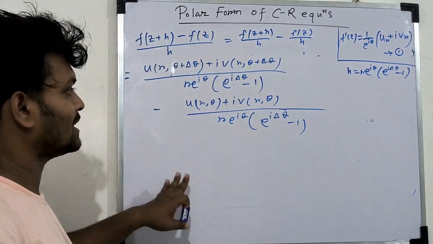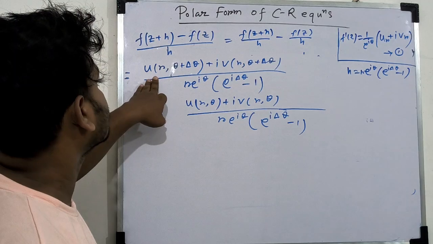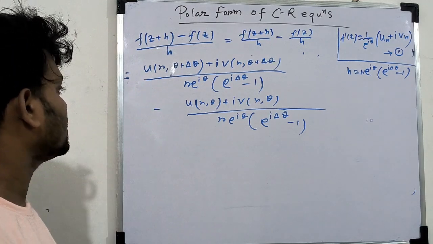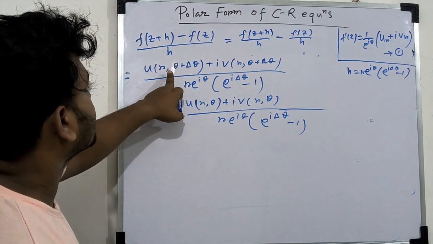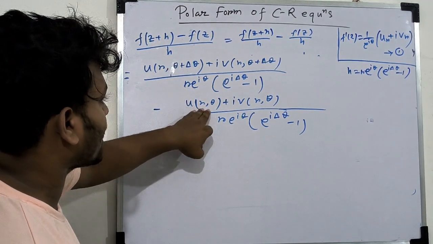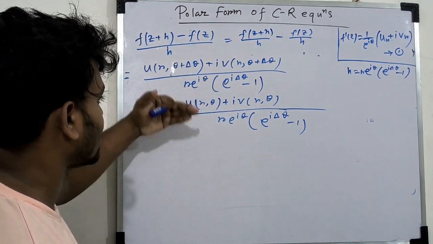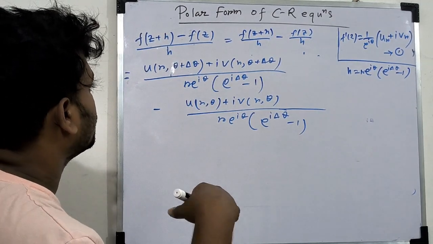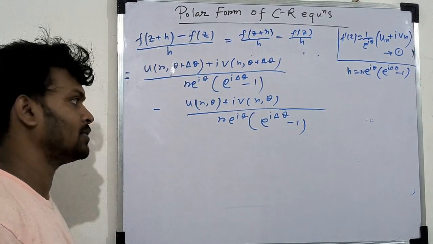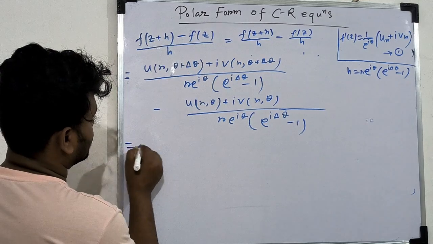So you have to adjust in such a way that this will be the partial derivative with respect to theta, as u(r, theta plus del theta) and here u(r, theta). If we write this minus this and under this del theta, we get u_theta, the partial derivative of u with respect to theta. So we have to adjust this.